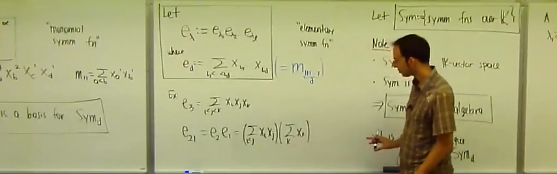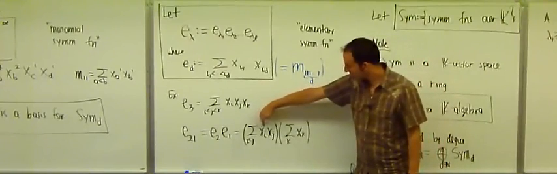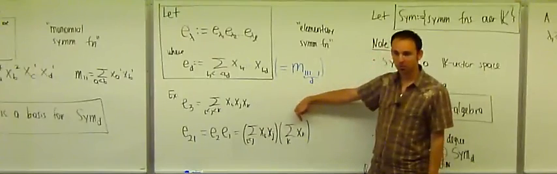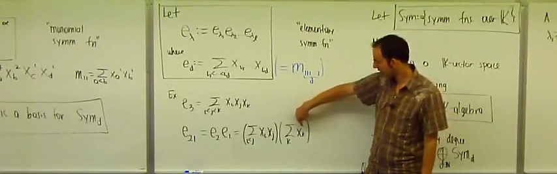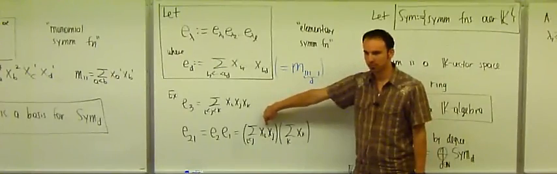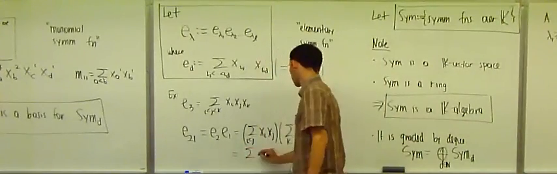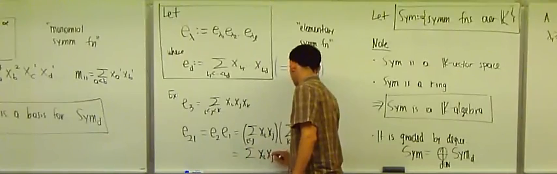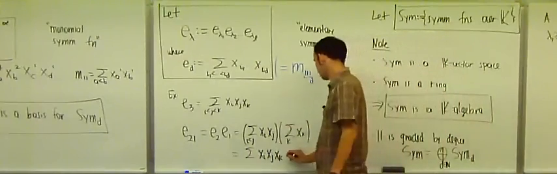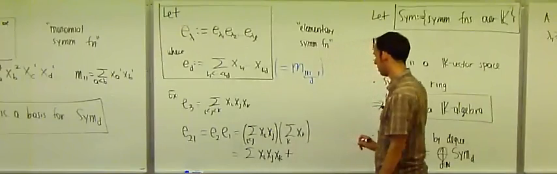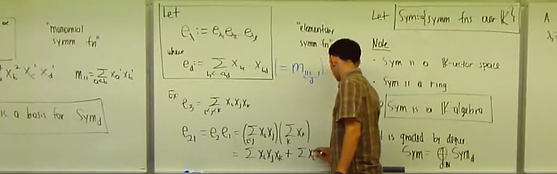Well, there are two kinds of terms that you can get. You can get xi times xj times xk, where the three variables are different from each other. Or it can happen that k is actually one of these variables. So that means the kinds of terms that you get are this kind of term and this kind of term.